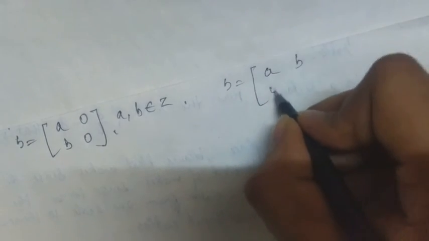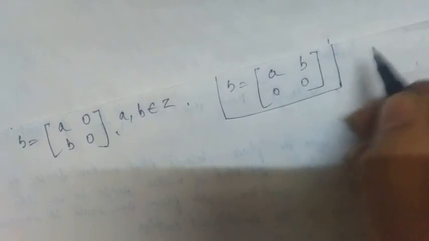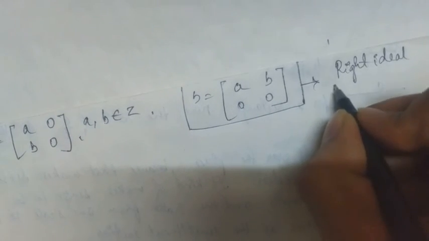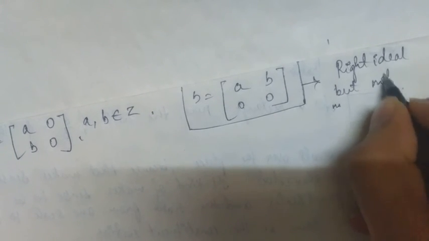If we want to prove it for the right ideal, in the previous sum we had the matrix A0 B0, where A, B belong to Z. If we take another matrix of the same format, let's take S equal to A B 0 0, and prove for this, we get that it satisfies the right ideal, but not the left ideal.